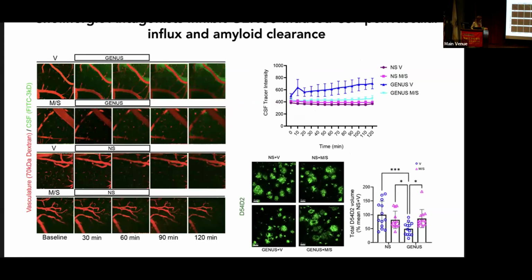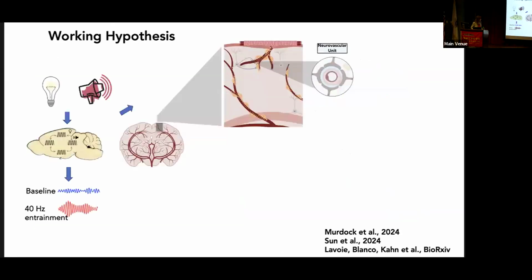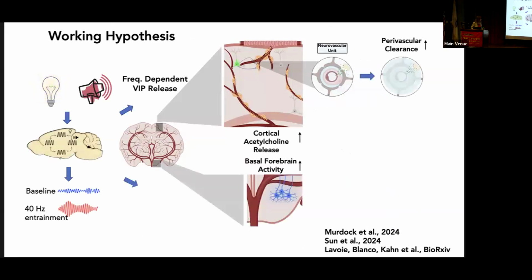And most importantly, gamma-induced amyloid reduction is completely ameliorated when we block the cholinergic signal. So just to cut a long story short, what we found is that cholinergic activation and innervation into the brain facilitates VIP release.